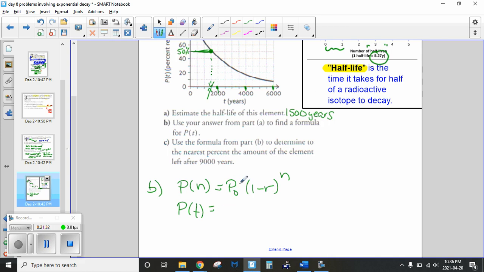We started out with 100% of our material. We are losing 50%, which I'm going to change to decimal form.